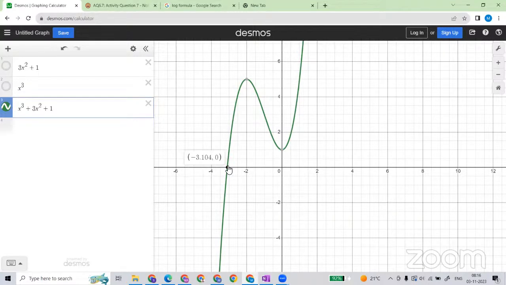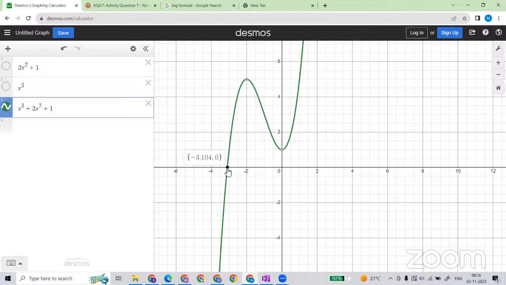So we are sure that it has one root, but where exactly will it lie? We don't know. We are not able to guess that.